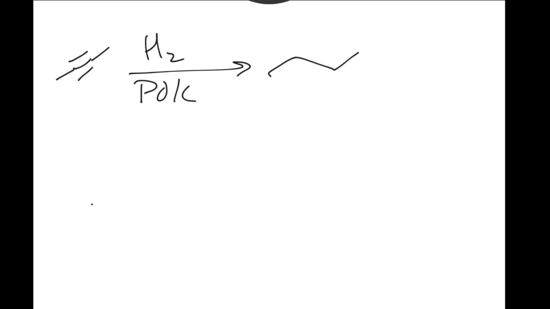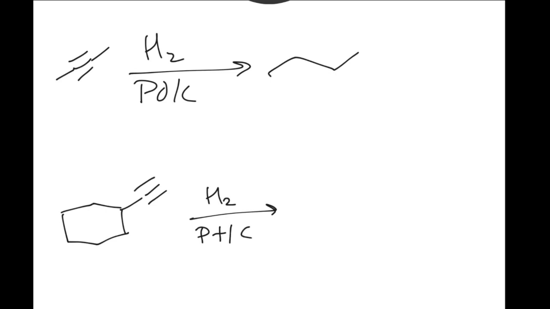You can also do this with platinum on carbon, does the same thing. And you're good, right? There's nothing to this other than to see H2 palladium on carbon or H2 platinum on carbon, alkyne goes away.